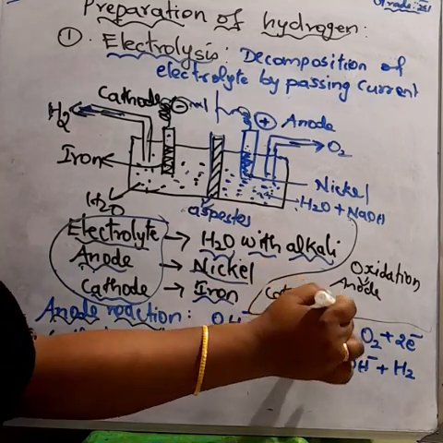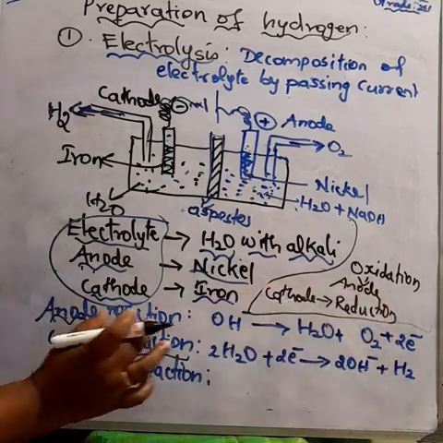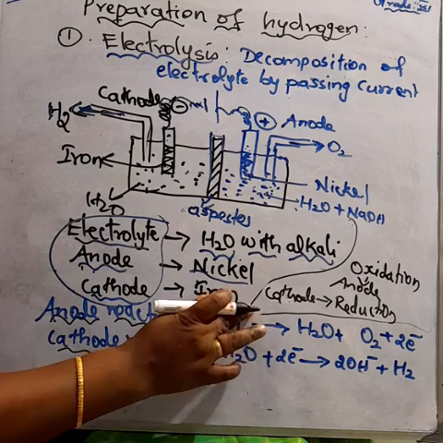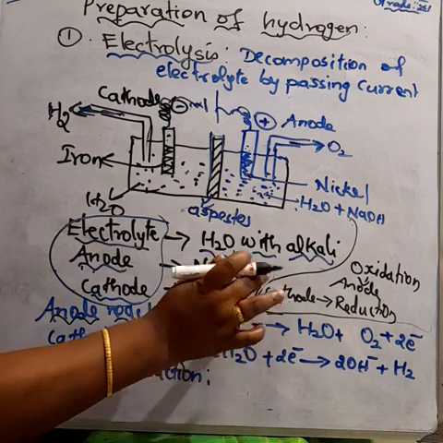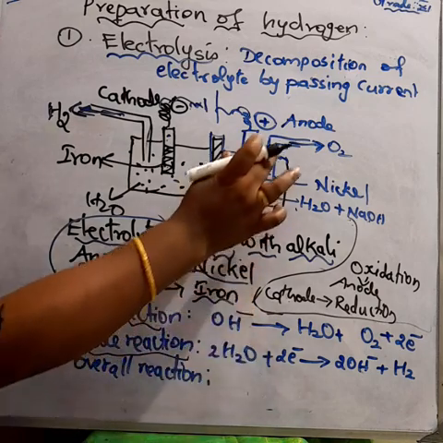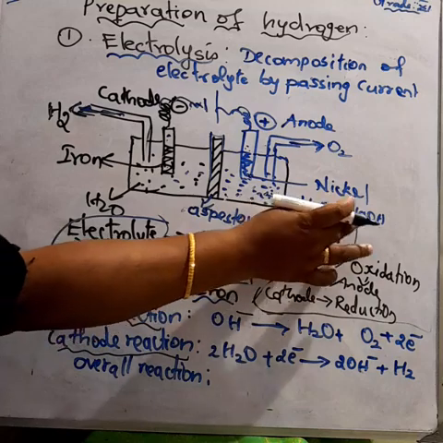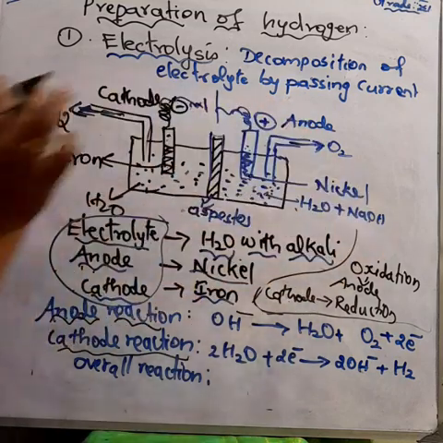So what is the anodic reaction that takes place here? We know the anode consists of a nickel electrode, and the electrolyte we are using is water mixed with alkali. We are taking sodium hydroxide as the alkali.